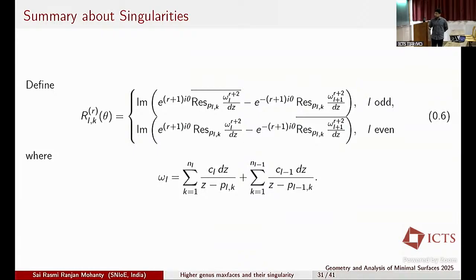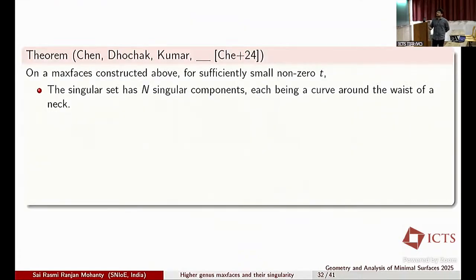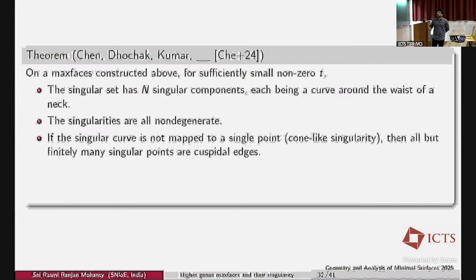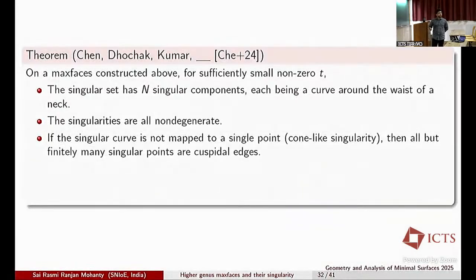So from this function, we conclude that whatever surface we constructed above, this singularity set has n singular components. This is the number of necks, and each is a curve around the waist of the neck, and all singularities are non-degenerate in nature. If this singular curve is mapped to a single point, this is the cone-like singular point. If it is not mapped to a single point, then except for some finite singular points, all are cuspidal edge singularities.